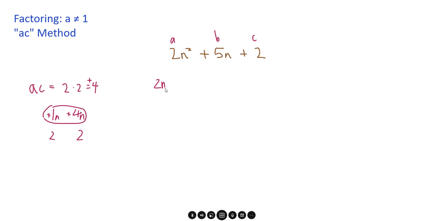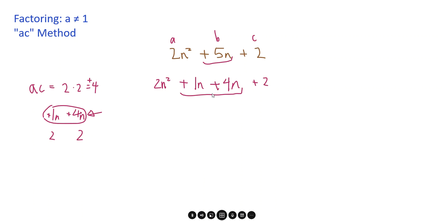I'm going to put 2n squared, just like it was, but instead of writing 5n, I'm going to split it up into a plus 1n plus 4n. All I did was break that 5 down into a 1 plus 4. And then I'm going to leave my 2 at the end. The only thing I've done here is written this part using what I figured out over here. I replaced 5n with this.